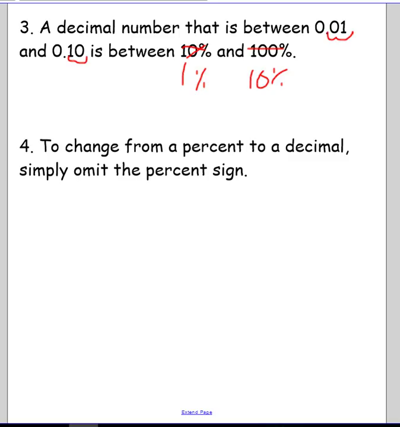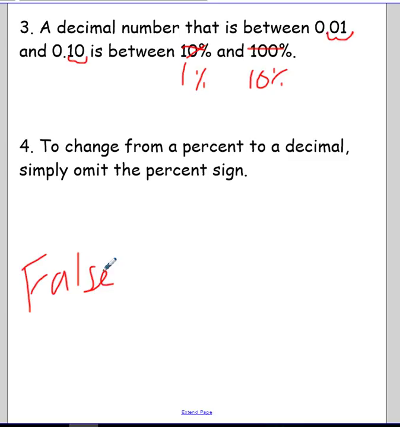Statement 4: to change from a percent to a decimal, simply omit the percent sign, or take it away. If we look at the example we just did, taking away the percent sign from this 1% will give us 1, not 0.01. So that is false.